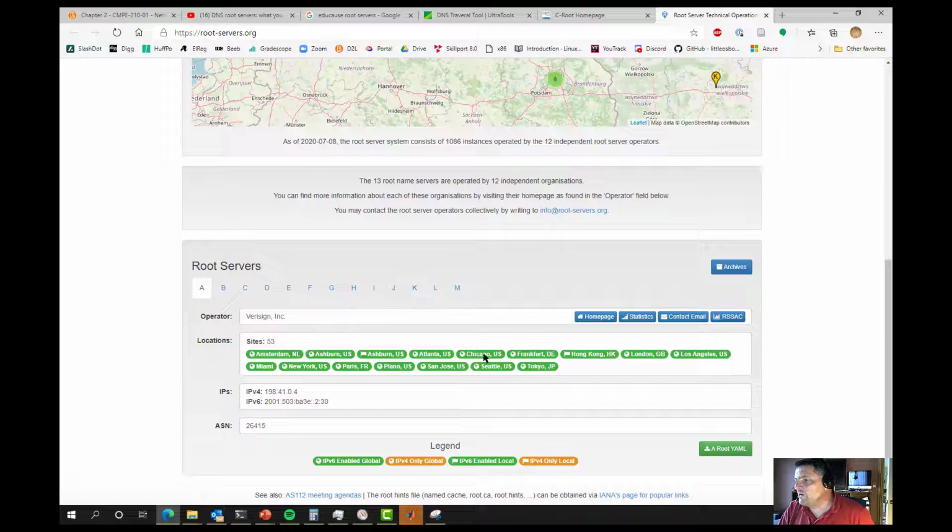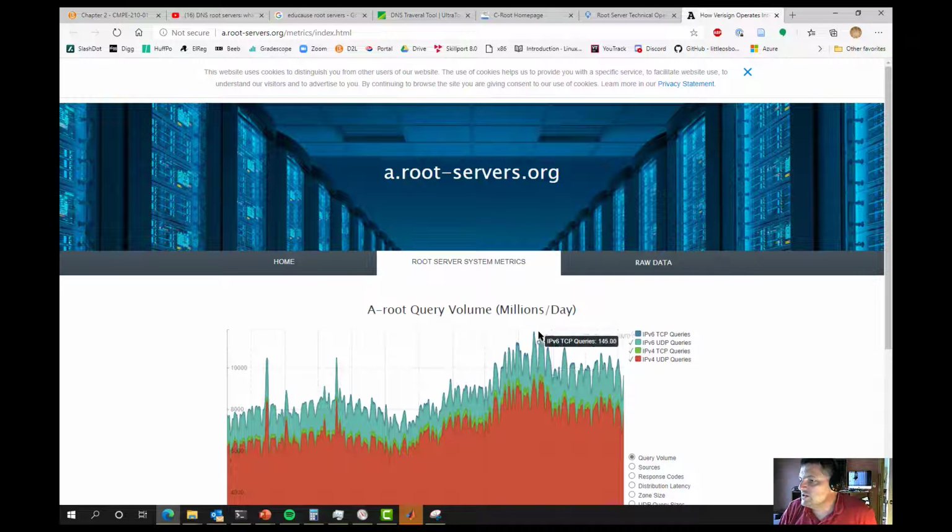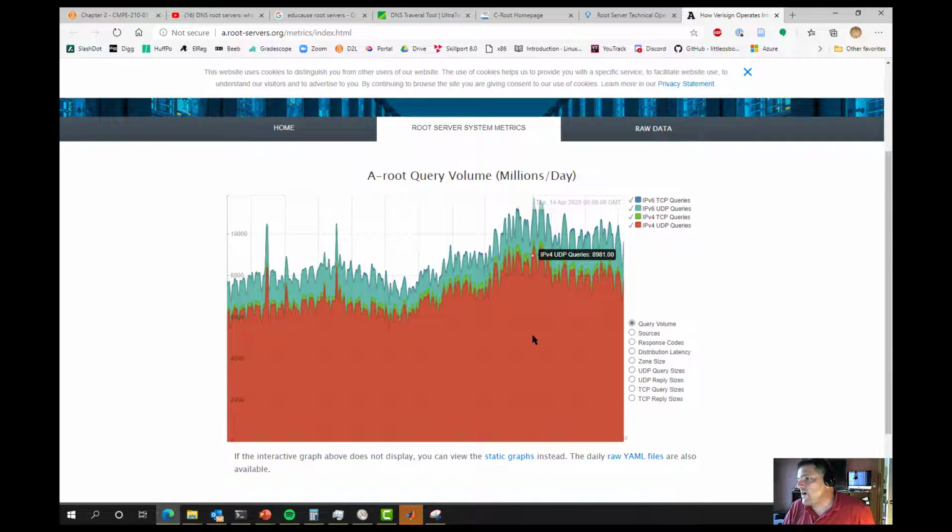Down in the bottom part of the screen, we can look at the 13 root servers and we can see information about it. So for instance, there are 53 locations, 53 hubs of the A root server. If we click on statistics, we can get an idea of how many queries these servers handle.